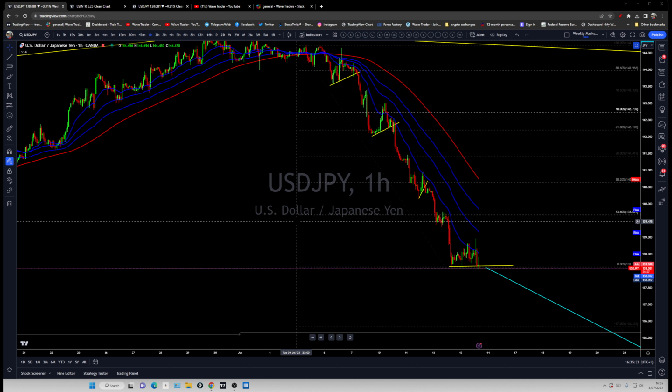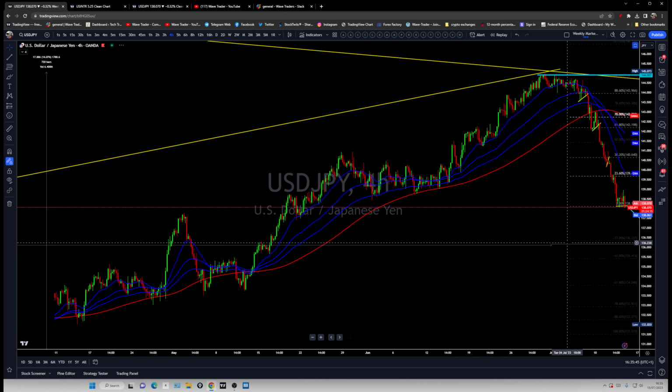If you are already short, then you're looking for it to break down and continue pushing lower. If you are not short, then you're looking for it to correct, and then to get in and continue pushing lower.